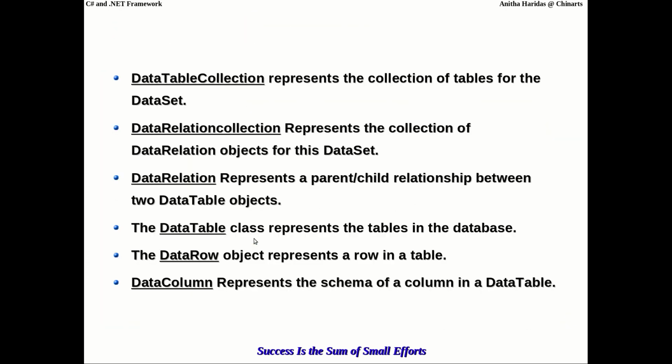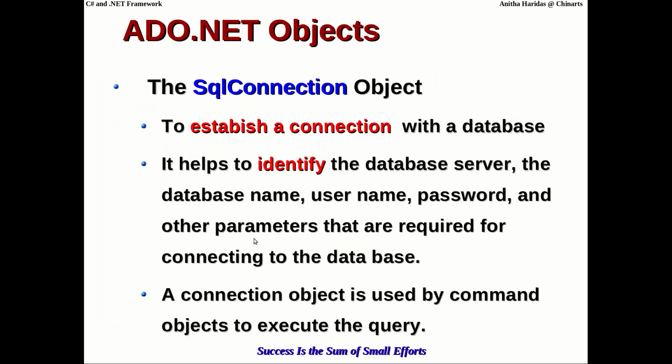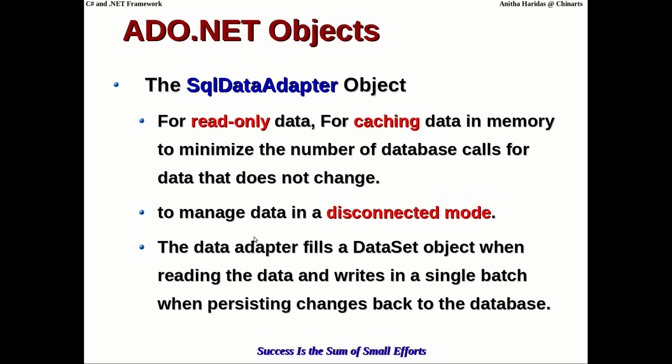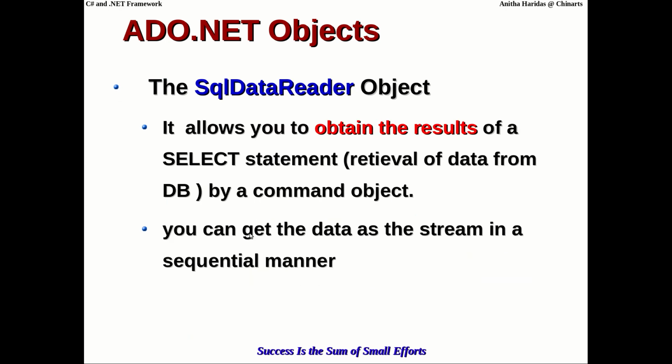So your SQL data reader is a data reader object. You will get the data as a stream in a sequential manner. So you can have only a forward only and read only data reader. Again, based on that, you can have SQL data reader objects also.